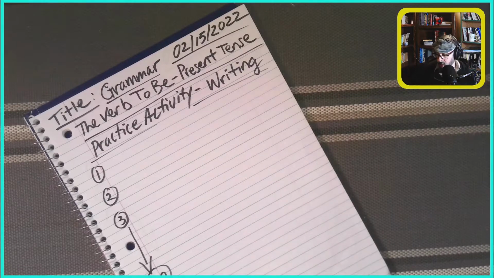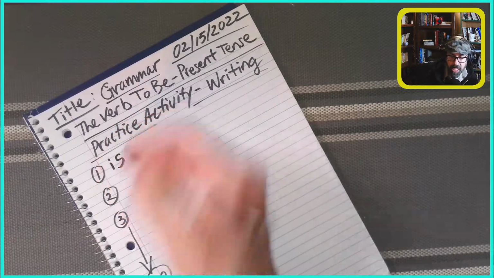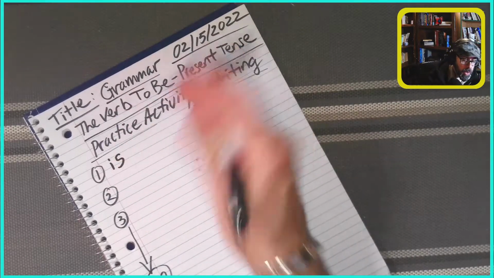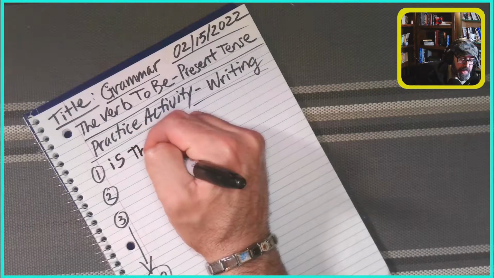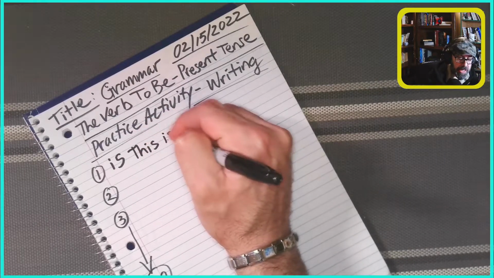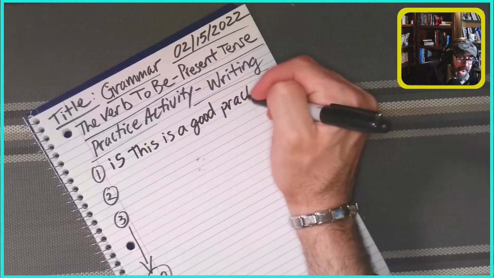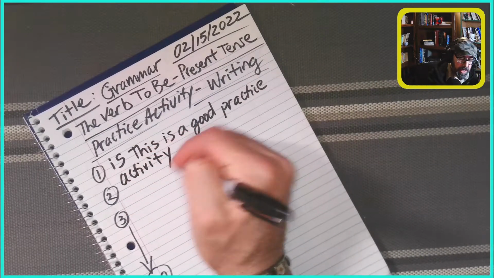So the correct answer for number 1 would be is. Let me get my pen. The correct answer for number 1 in the example is the word is. Then for the statement, we would say, this is a good practice activity, period.